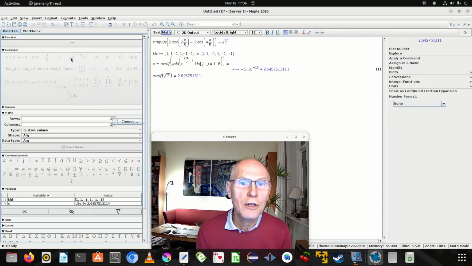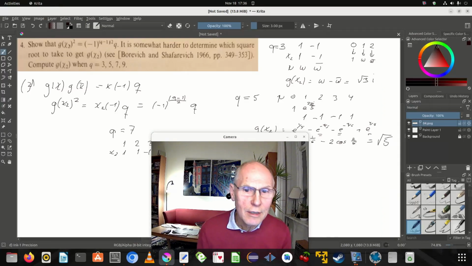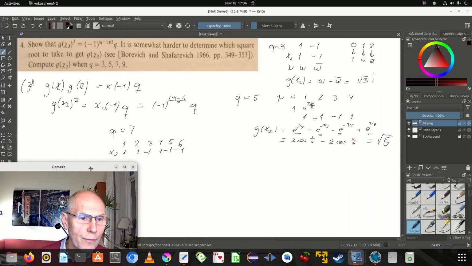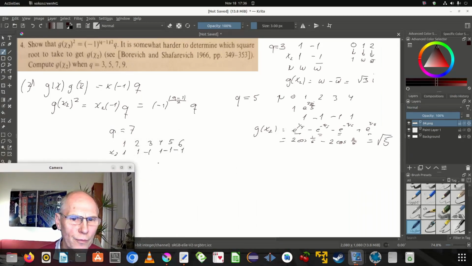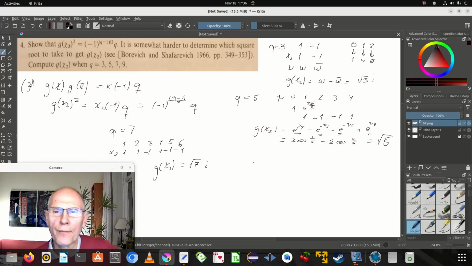There we go. So it's square root 7 times the imaginary unit. Yes. So it seems that we get square roots times the imaginary unit, and without here.